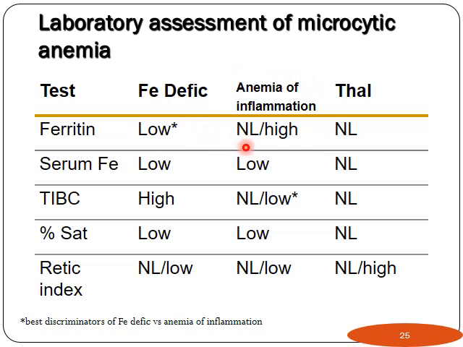While in the anemia of chronic inflammation, ferritin might be normal or high, with low serum iron, low TIBC, and percentage of saturation is also low, and the reticulocyte count is the same. While in sideroblastic anemia, we are having high reticulocyte count with elevated to normal ferritin, and of course normal to low total iron binding capacity.